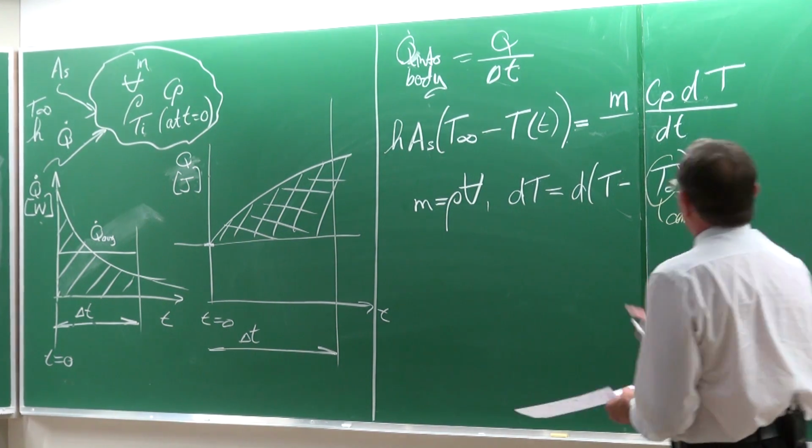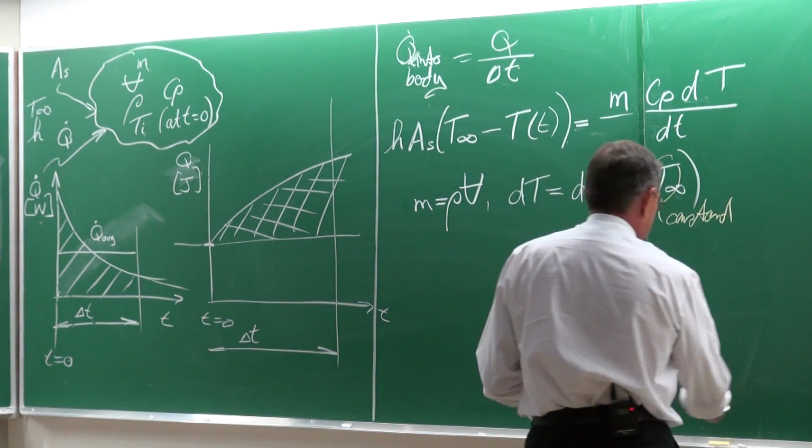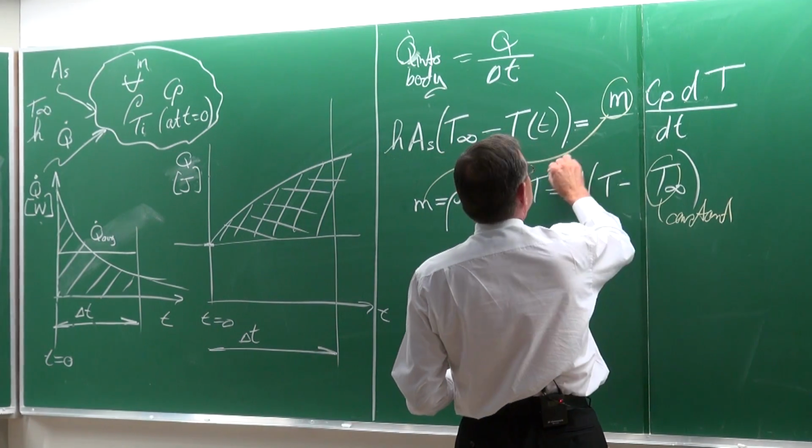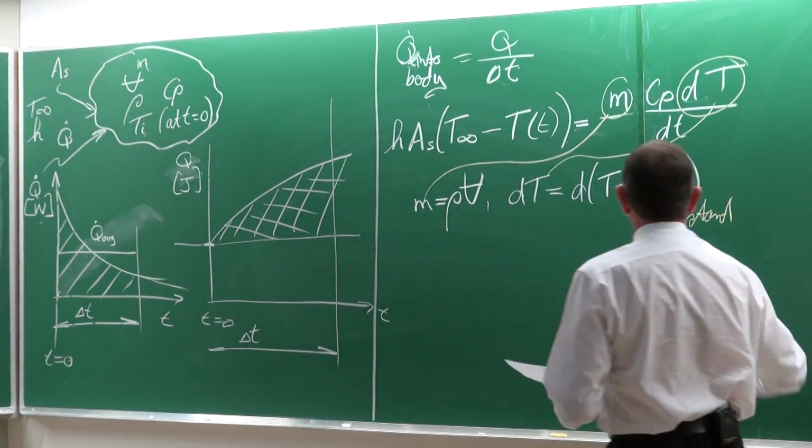So if we take that and substitute it in here, that mass goes in there, and this dT goes into there.